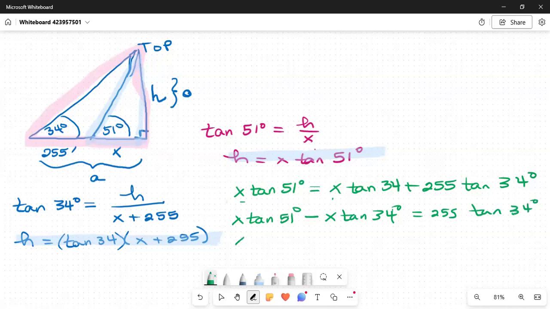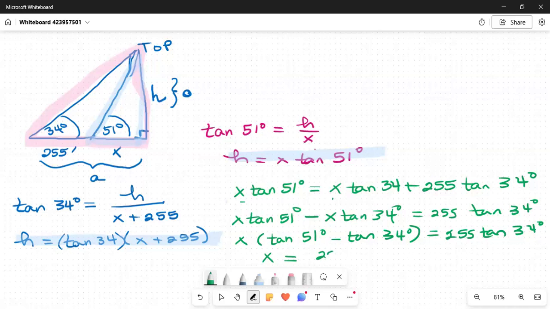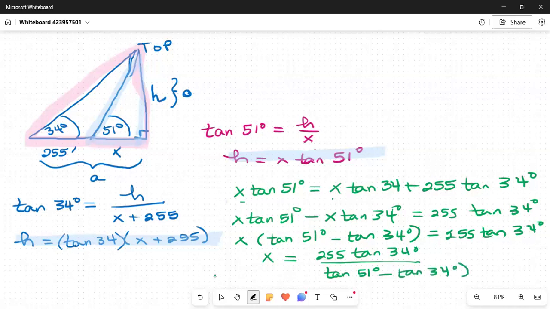If we factor the X out, we're left with tangent 51 minus tangent 34. And then finally, X is equal to 255 tangent 34 all over tan 51 minus tan 34. Make sure that's in parentheses because you're dividing by the whole thing.